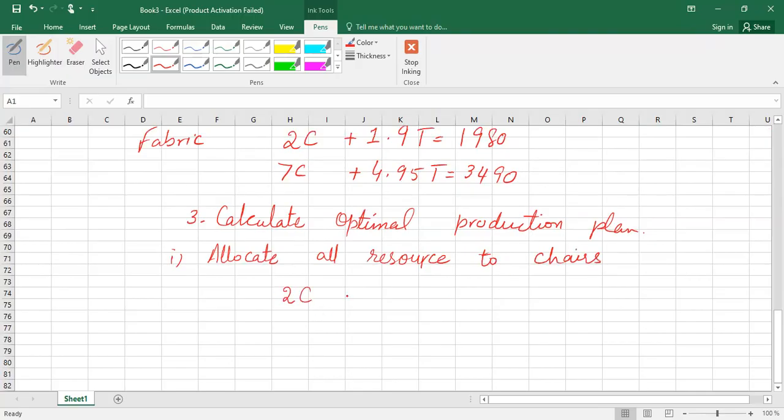So we say 2C plus, now we are producing only chairs, that's why table will be 0, is equal to 1980 square feet. So C is equal to 1980 divided by 2, which is 990 chairs we can produce with the help of fabric.